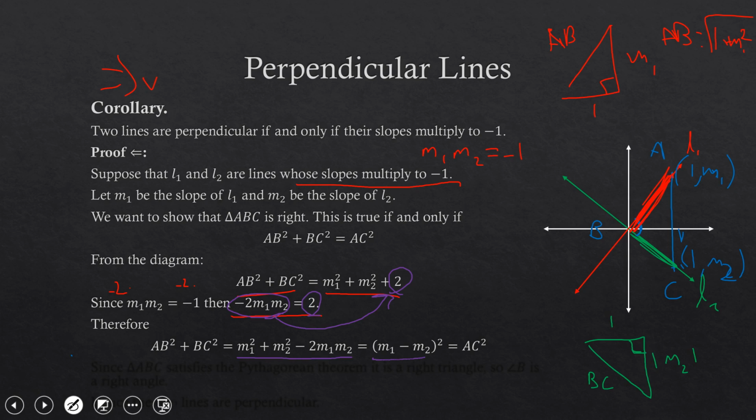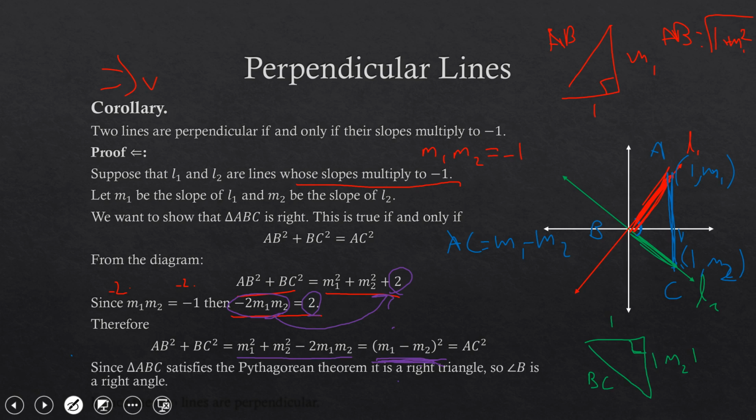If you're not sure that these are actually the same, I encourage you to FOIL this expression over here and show that it is actually equal to the thing on the left. But this is precisely AC squared because, again, from our diagram, AC right here is just the difference between M1 and M2. So AC is equal to M1 minus M2, just like it was earlier. And so this is equal to AC squared.